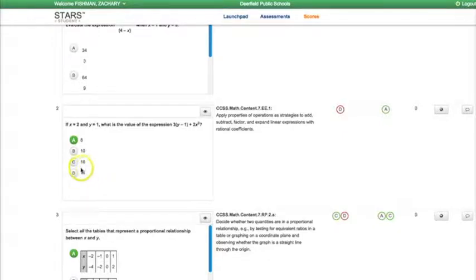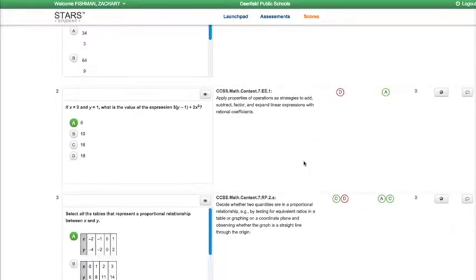Right here, 18. And right now, the letter next to 18 is the letter D, as in Jeff is a big dummy. Now, over here, you'll see that, again, it lined up and my choice was D. The correct answer was A, and so we're good to go.